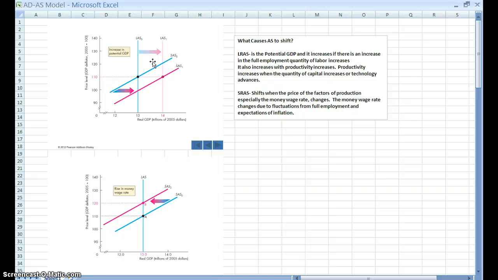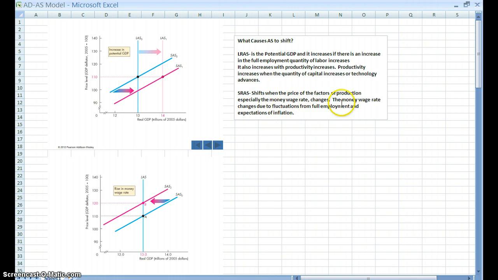Capital is our way of buying machinery that's more advanced and gives us the ability to make more with less. So productivity improvement is the only way to increase the potential GDP or move the long-run aggregate supply in the positive direction. So that's one of the things that drives short-run average supply.